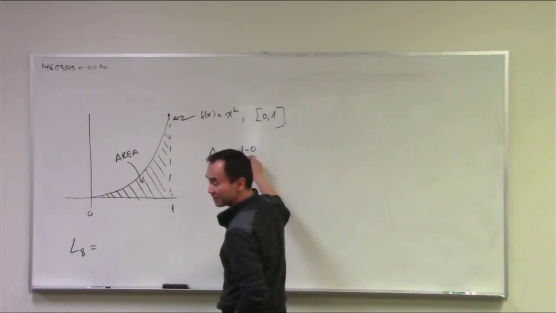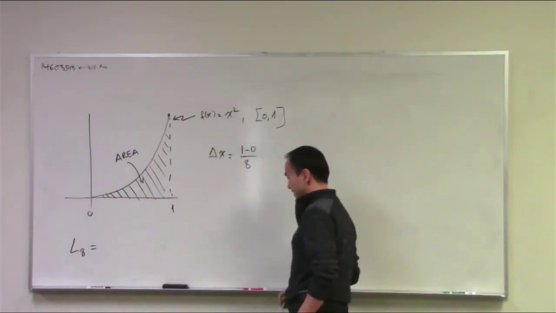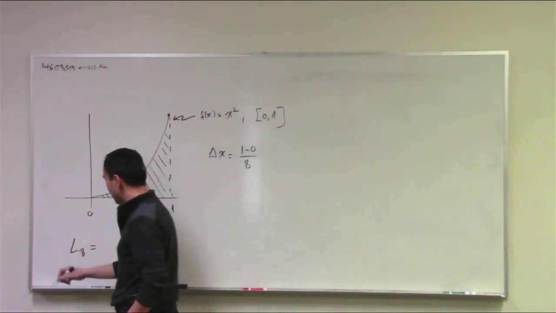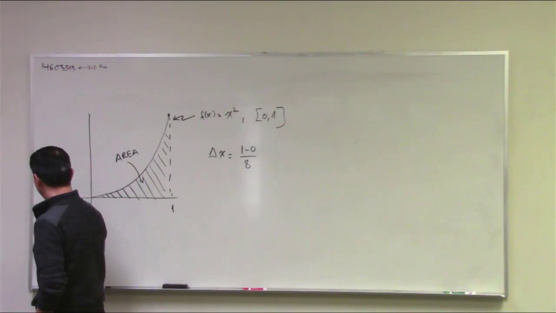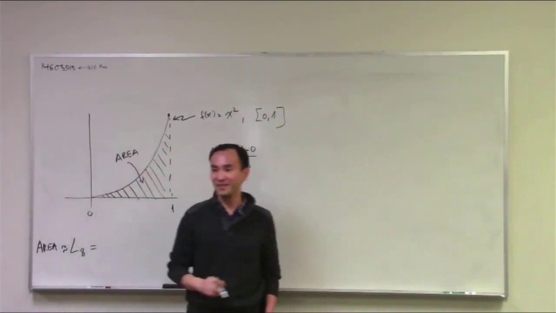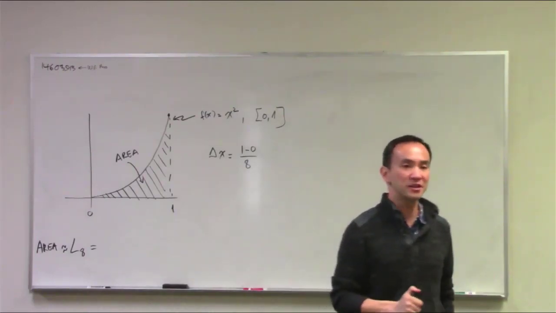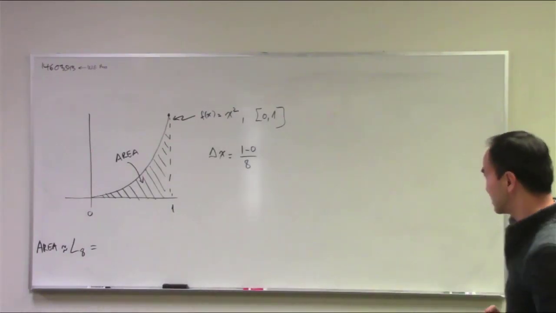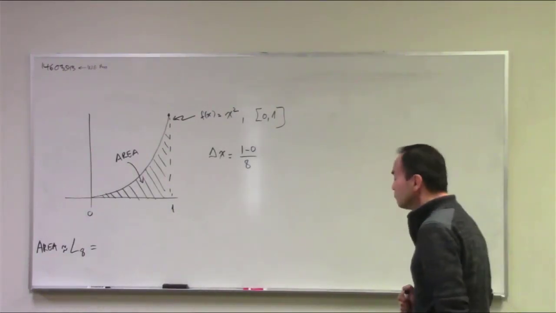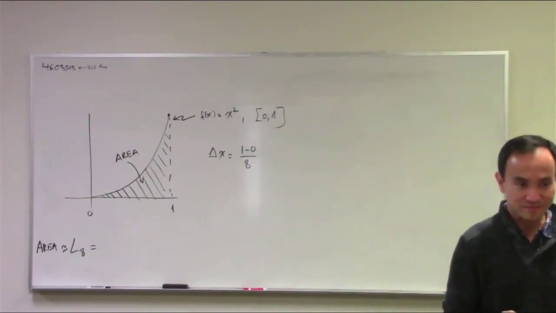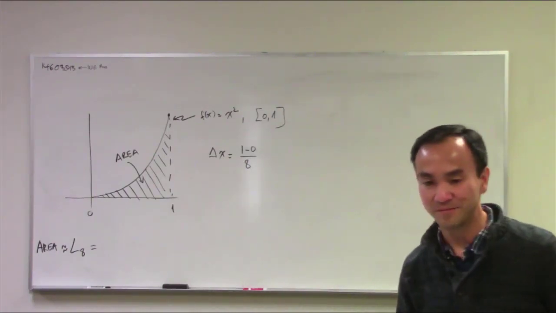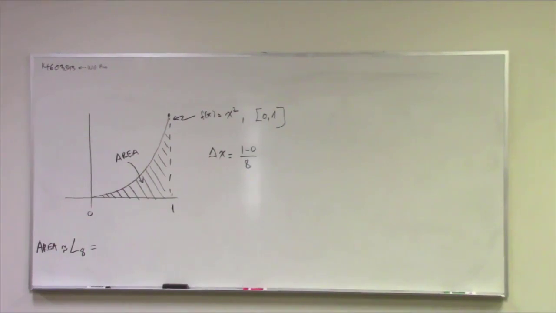This is only an approximation, so the real area that we still don't know can be approximated by L8 here. I started out the activity with L4, but now let's have you do L8. I do have a way to verify the answer, so go ahead and get your work done first.